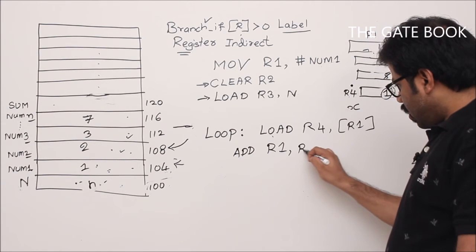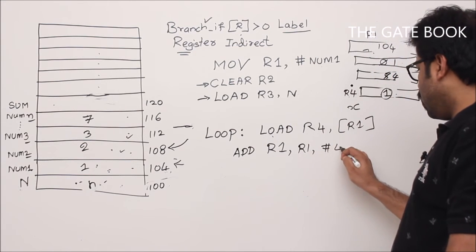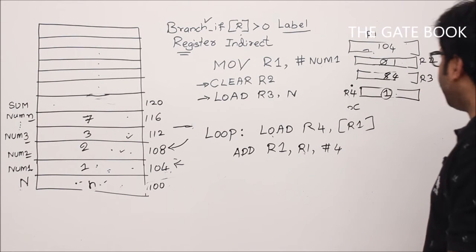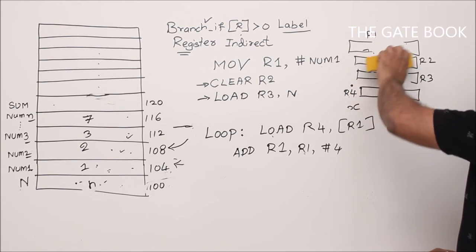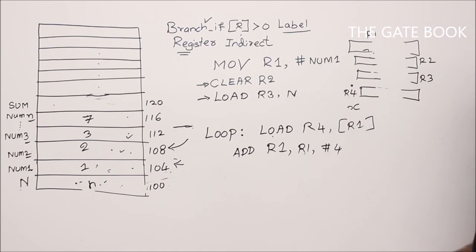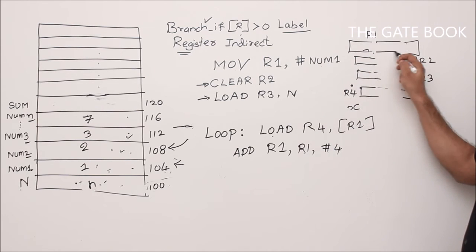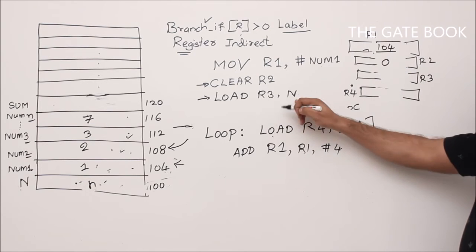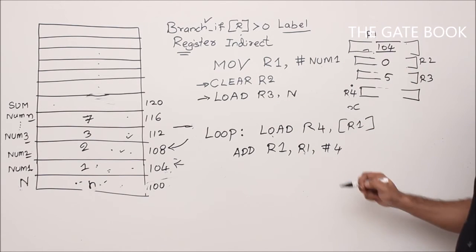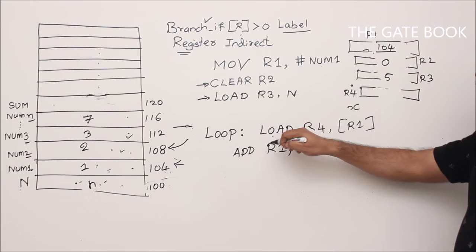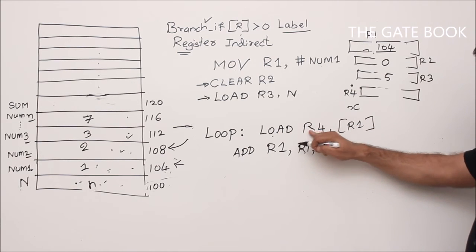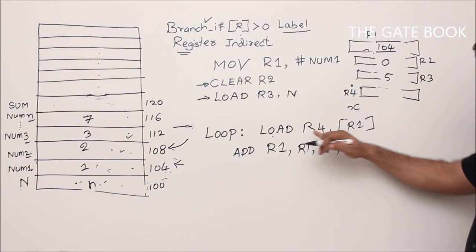That's why let us add an instruction. Add R1 comma #4. It is immediate mode. That's why 4 will be added to R1. If I execute these instructions, what is going to happen? We'll see. Start. R1 initially 104, number 1. R2 0. R3 comma n, 5. Then loop in that. So load R4 comma R1. That means in R4 we have to write, right, indirect addressing.